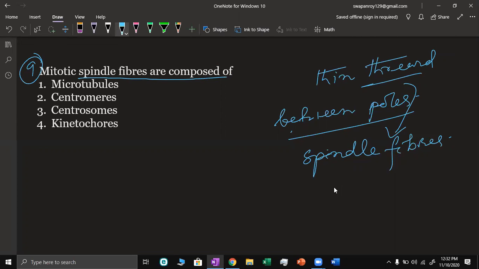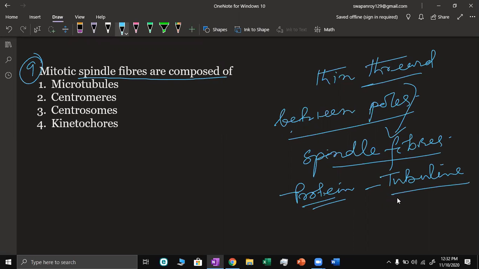These spindle fibers are made of protein, and that protein is known as tubulin. Okay, and this protein forms tubes. These tubes are microscopic, very thin, so they are known as microtubules.